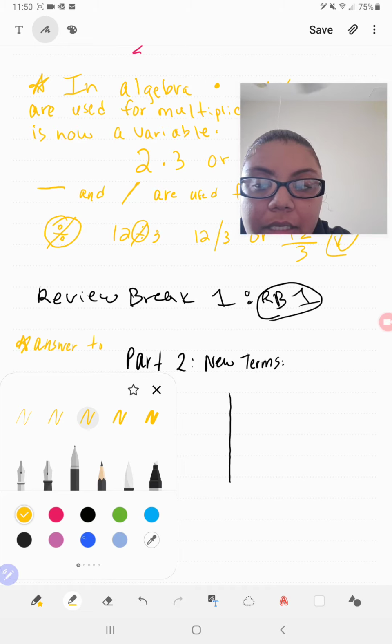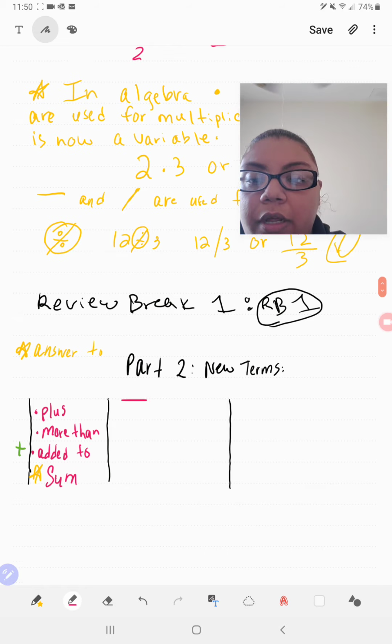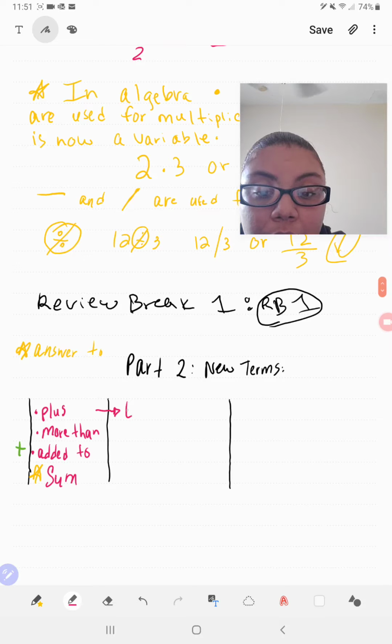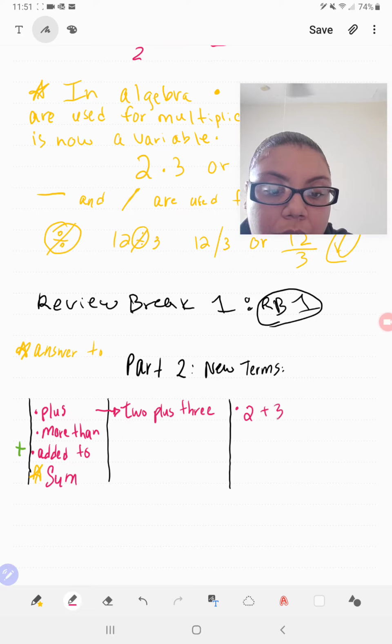Okay. In the next row over, I want you guys to write right across, because plus goes with the first row. So plus, and then an example. In words, 2 plus 3. And then in number form, 2 plus 3.